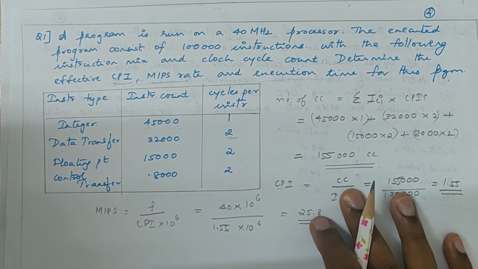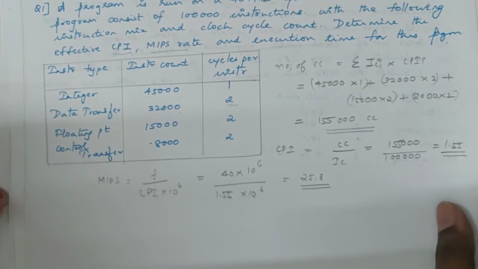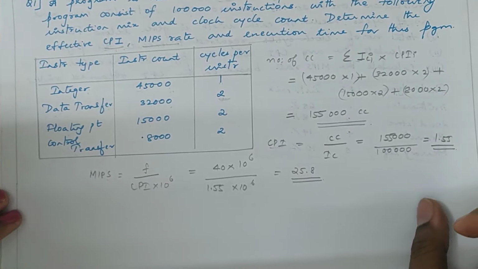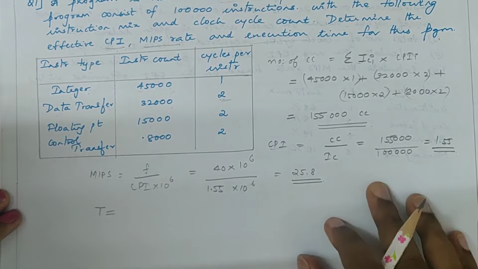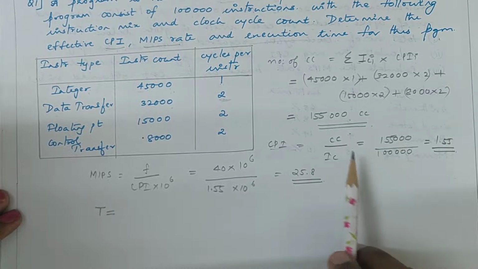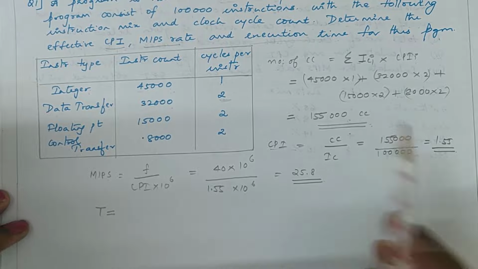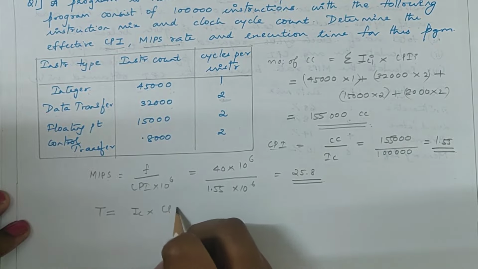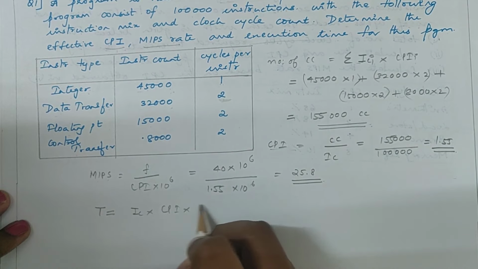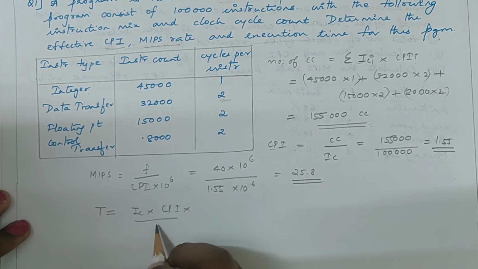And finally they have asked to find out the execution time. For the execution time, we have many formulas. We have already found out the number of clock cycles as this much. The basic formula is the instruction count into the overall CPI into clock cycle time, or divided by the clock rate.